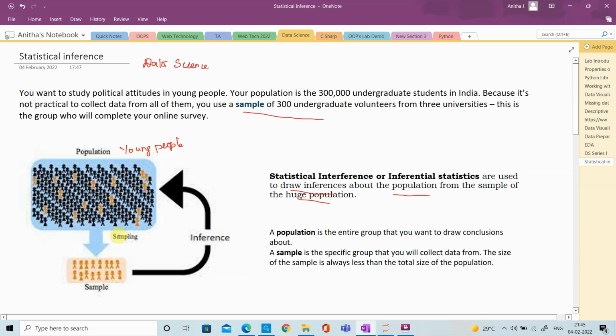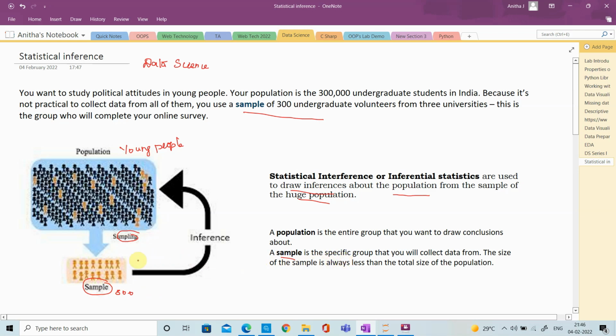So what we do is use a sampling technique, and based on that we collect some samples. Maybe I will select some 300 students from any of 3 colleges or universities, and I will do the survey on this small group of people. That is called a sample. A sample is a specific group of people from whom you can collect the data.